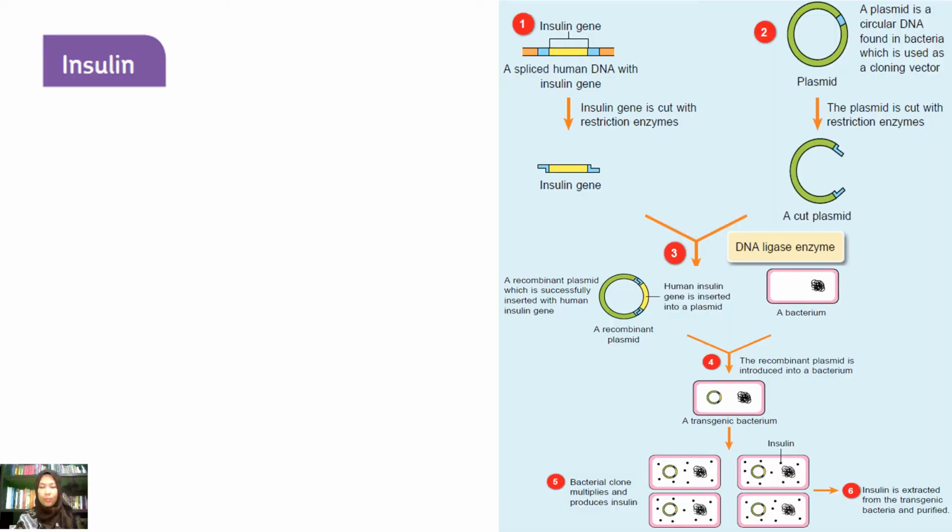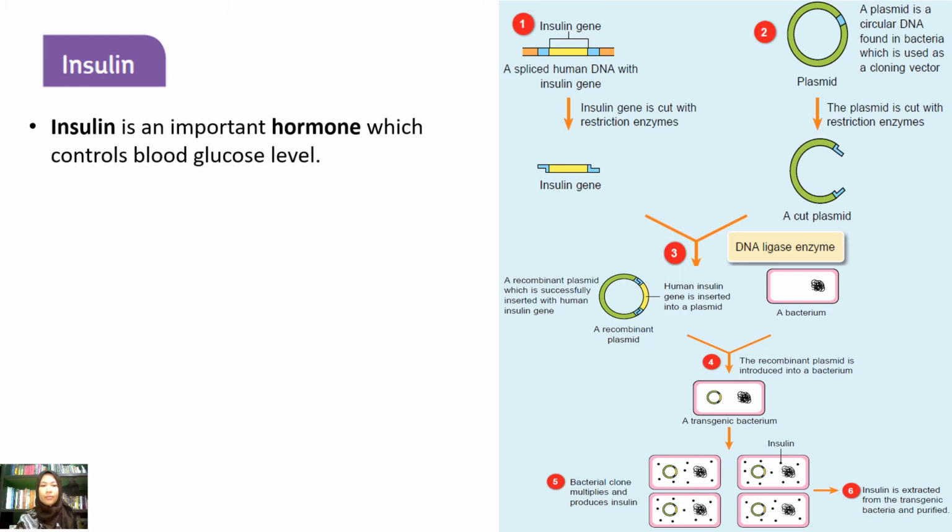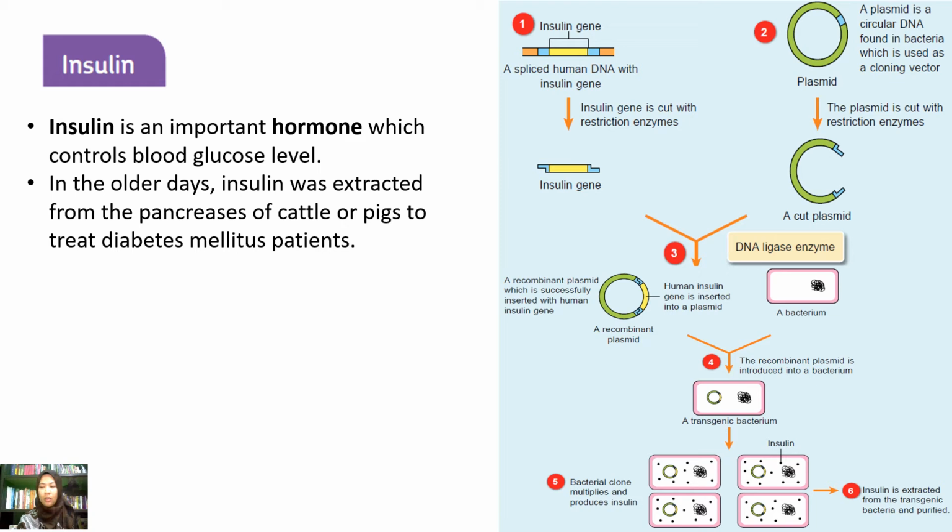Next, look at the production of insulin. Okay, so you have learned in Form 4, insulin is an important hormone that will control the blood glucose level. Okay, so insulin will be extracted actually from pancreas of cattle or pigs to treat diabetes mellitus patient.